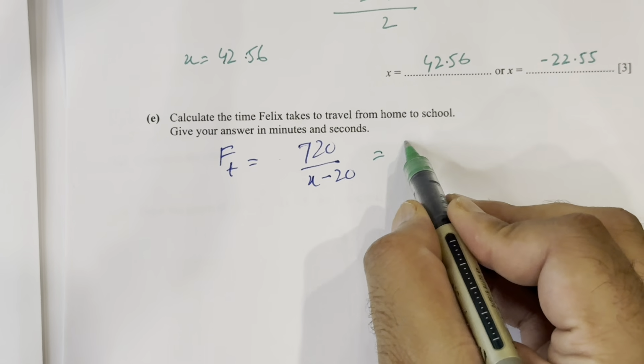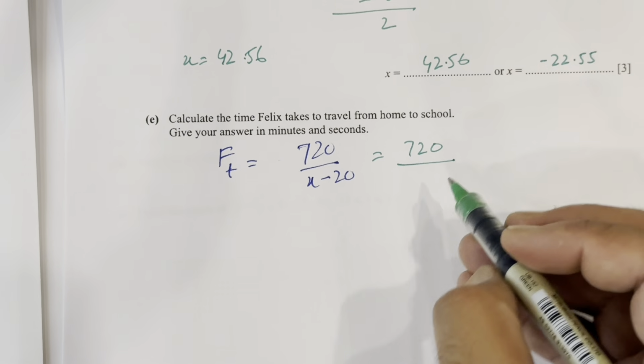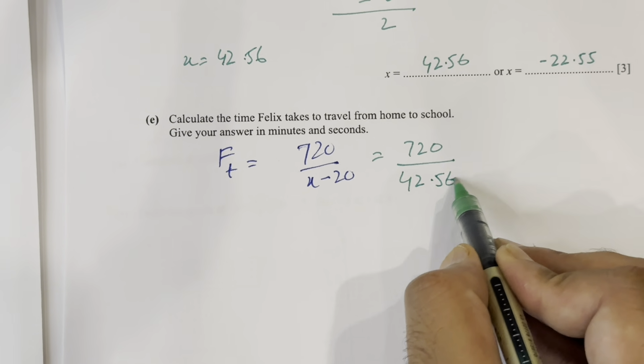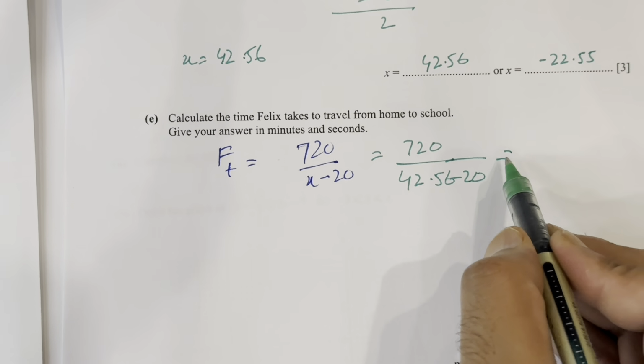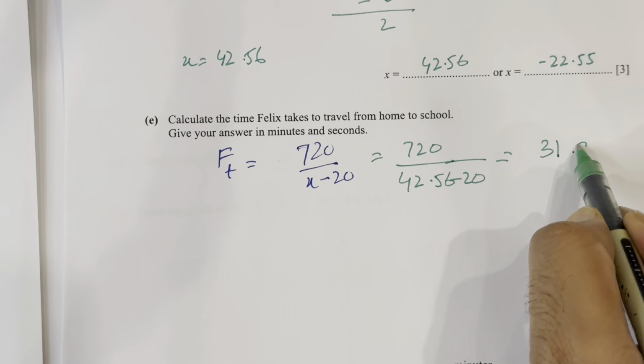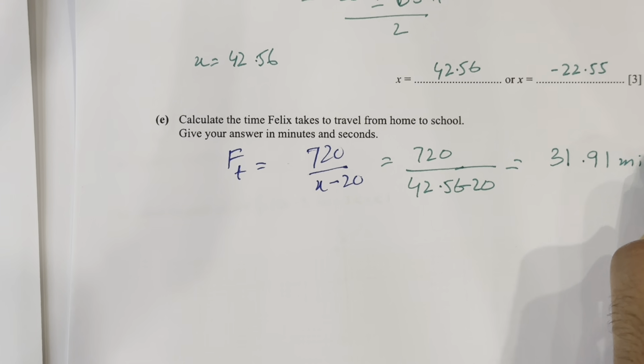You're going to write over here 720 over the x value, positive 42.56 minus 20. Our answer would be 31.91, and this answer is in terms of minutes.